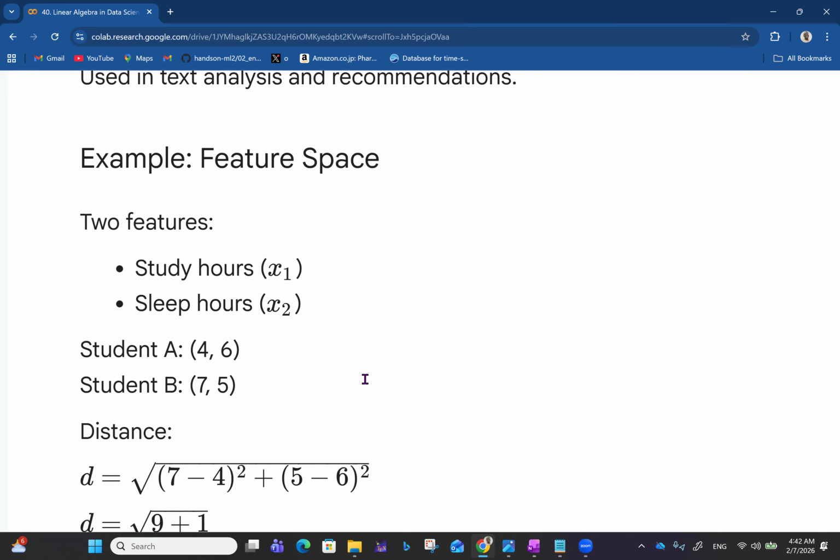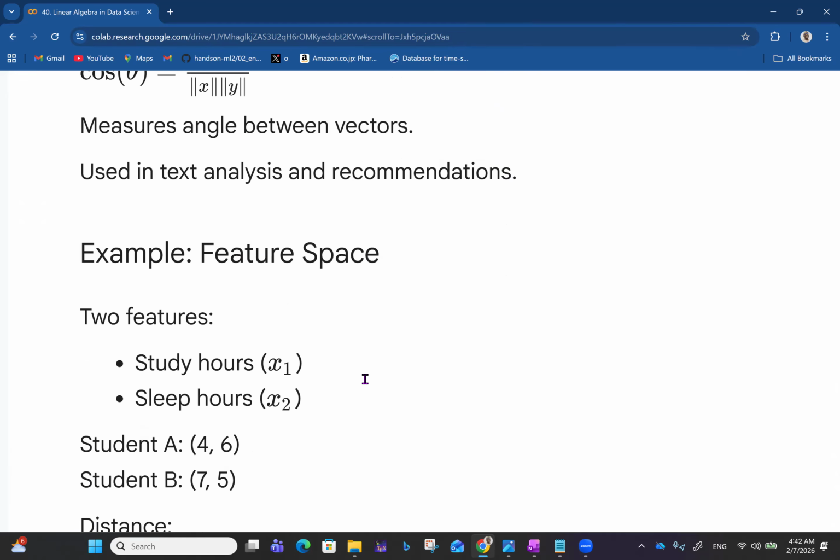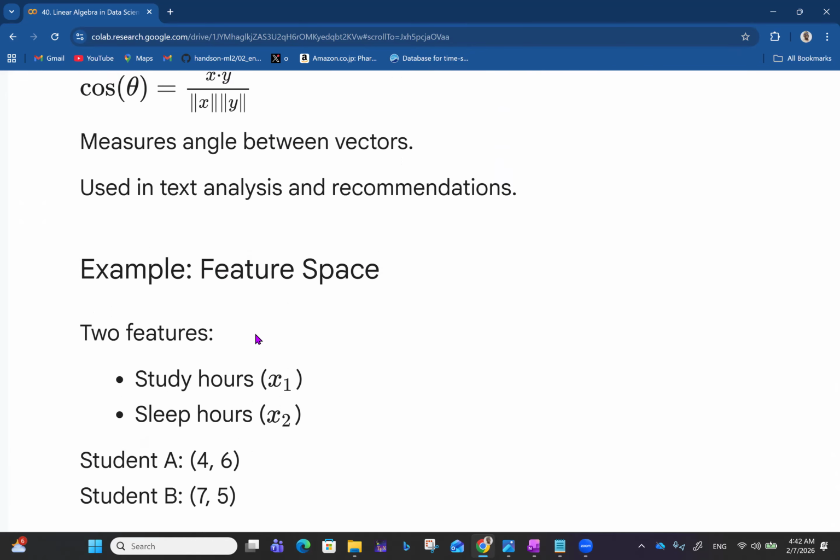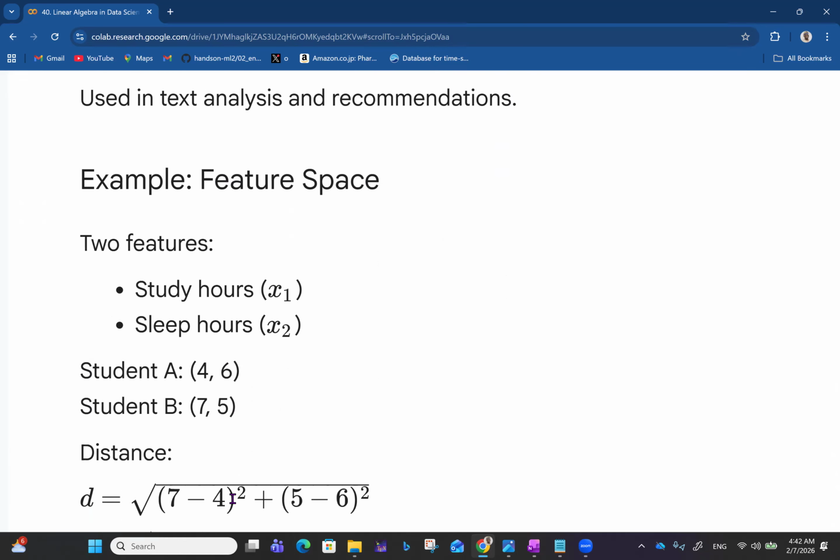So, and then we have an example of a feature space, right? Imagine that you have two features. You're looking at study hours x1 and sleep hours x2, and you have student A whose study hours is 4 and sleep hours is 6, while student B has study hours 7 and sleep hours 5. So what do you do in that case?